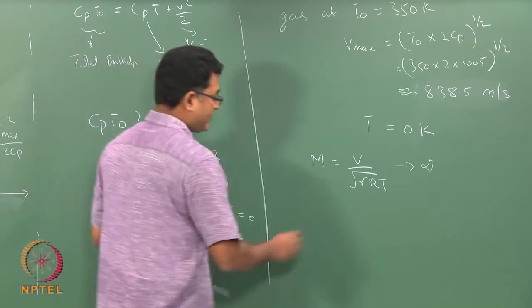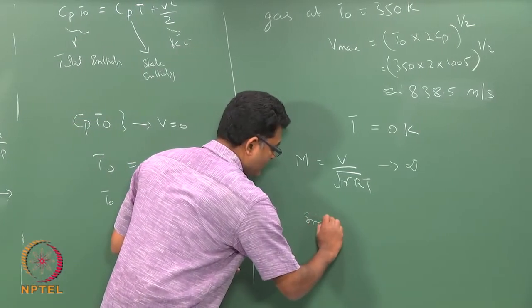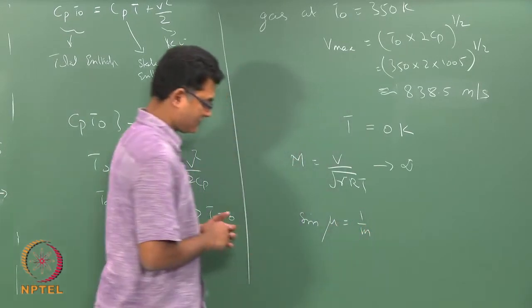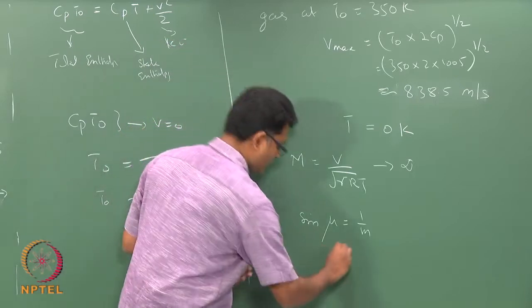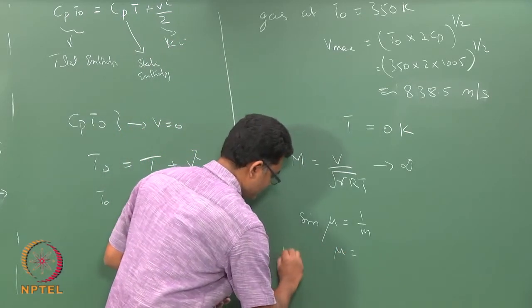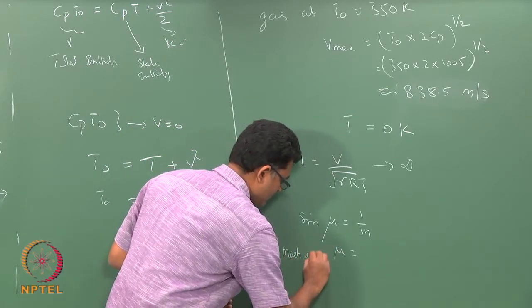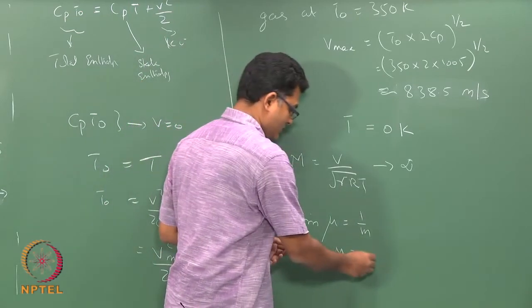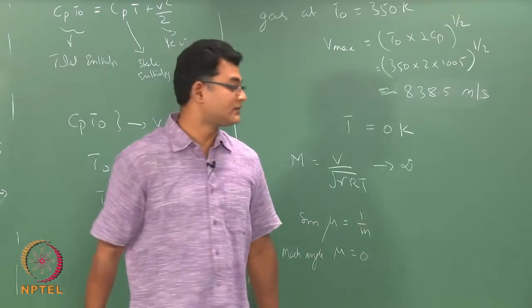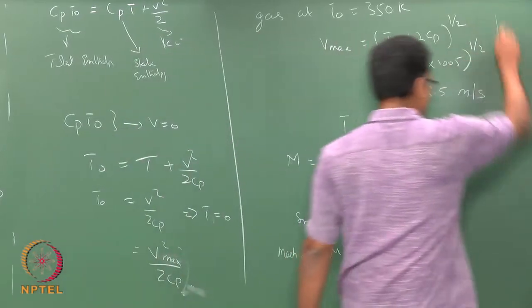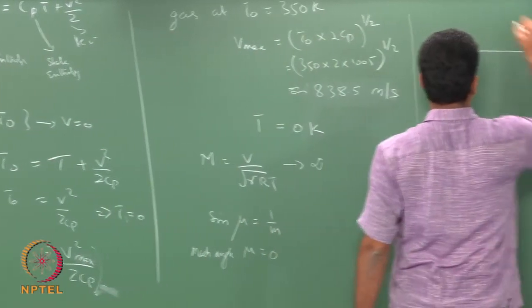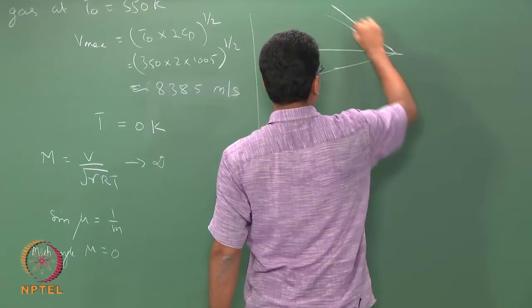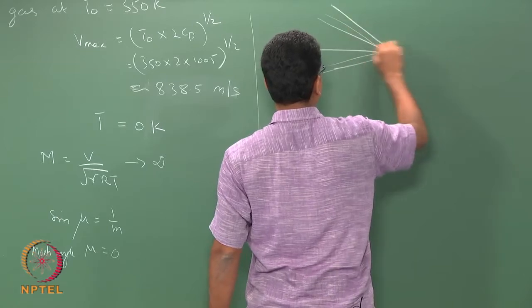If m equals infinity, your sin mu is 1 by m, so the Mach angle is 0. So, as we have seen earlier, as the Mach number increases, the Mach cone, the cone angle keeps decreasing.